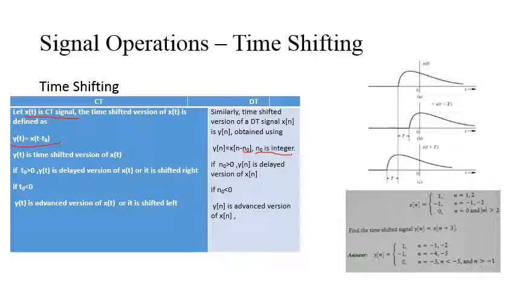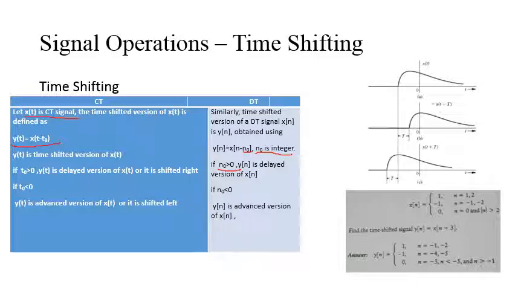So again, similar to the continuous time case, if n naught is greater than 0, right? So we say y of n is basically the delayed version of x of n. And if n naught is negative, that is if it is less than 0, then we say y of n is basically the advanced version of x of n, right?